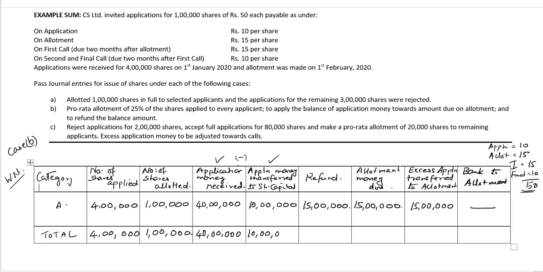Application money transferred to share capital 10 lakh rupees. Amount of application money refunded 15 lakh rupees. Allotment money due 15 lakh rupees. Excess application transferred to allotment is also 15 lakh rupees. And no money payable on allotment.